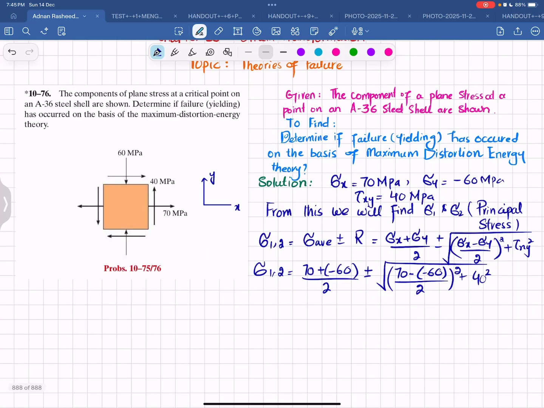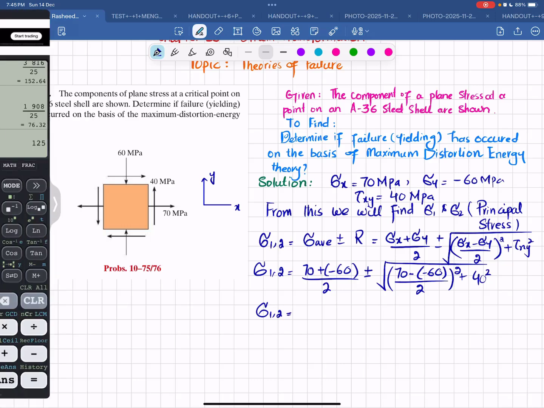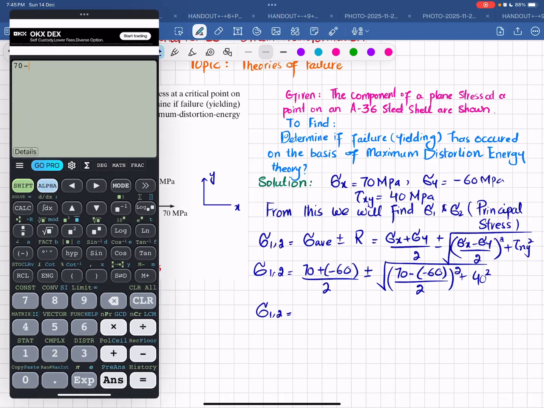Okay, so we can write sigma 1,2 is equal to, I have a calculator, so 70 minus 60 divided by 2. 70 minus 60 is 10, so 10 divided by 2 is 5, so this will be 5 plus minus the second term, which is under the square root: 70 plus 60 divided by 2, 65 square plus 40 square, and if we take the under root of this answer, it is 76.321, and the unit will be in megapascal.